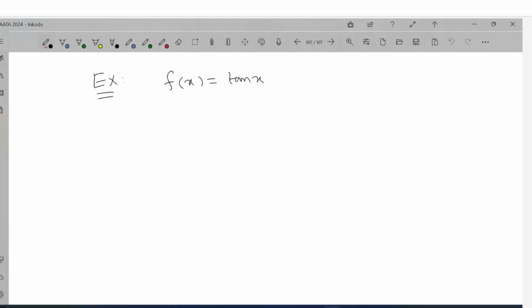As I said, this function has discontinuity at pi by 2 because it's not defined at the point pi by 2. But anyway, we just want to calculate what will be. So f has discontinuity, actually not only at pi by 2, but let's say we only do it at x equals pi by 2.